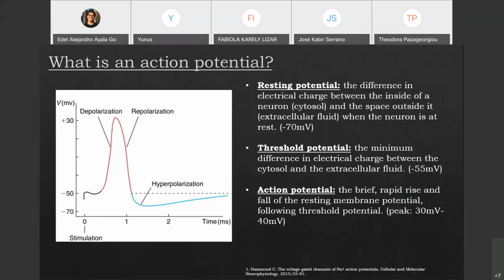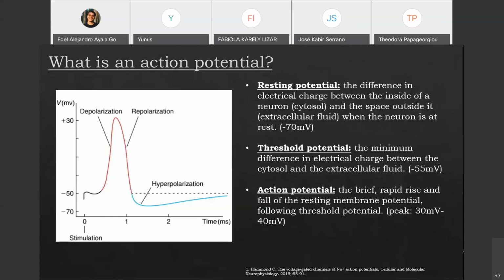So what is an action potential? Most of you may already know what an action potential is. It is the rapid rise and drop in voltage that occurs in cells that are able to generate action potentials, such as neurons, for example.